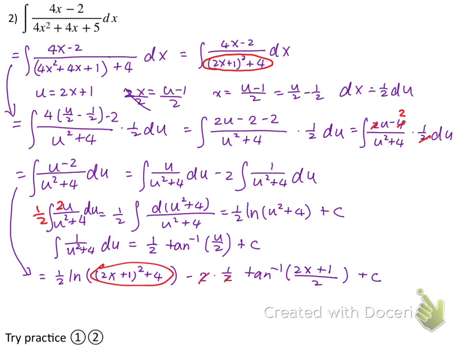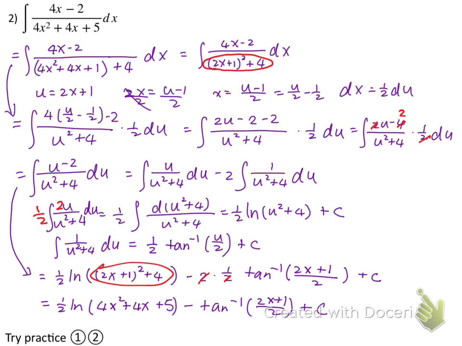Then they cancel each other. Well, you don't have to write it back as the original denominator, but I think it's nice to show the connection, so I will write 1/2 log(4x² + 4x + 5), taking away tan inverse of (2x + 1)/2, then plus c.